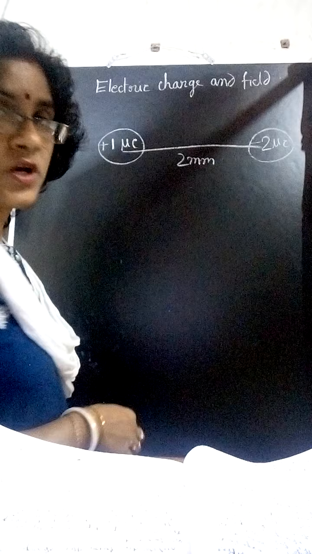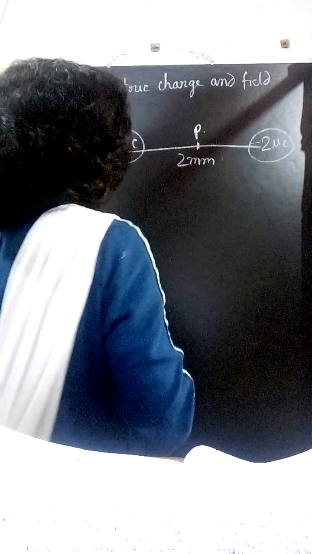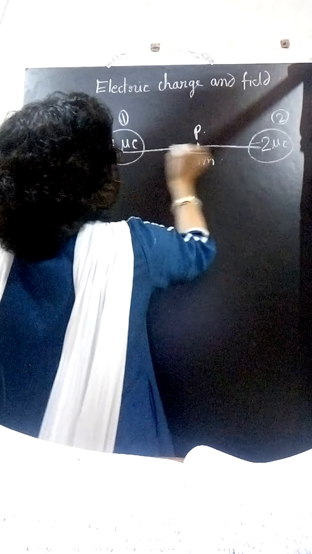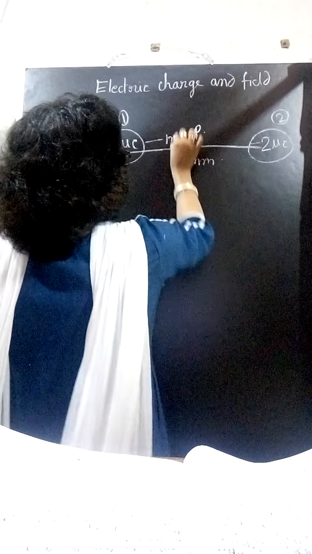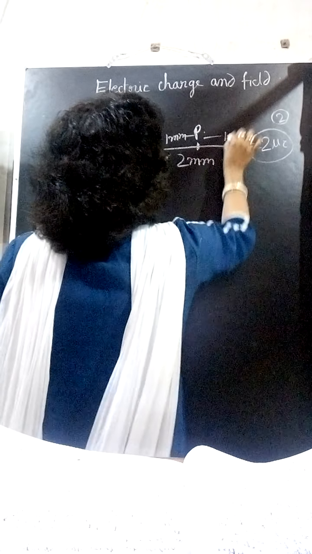Now, at the midpoint of the line joining them, we have to calculate the electric field. At point P, we have to calculate the electric field. It is charge number 1 and charge number 2. The distance from charge 1 to the point P is 1 millimeter, and from charge 2 it is also 1 millimeter.